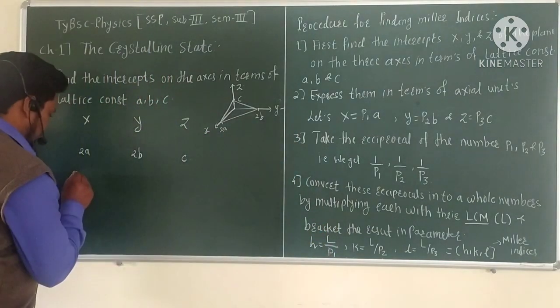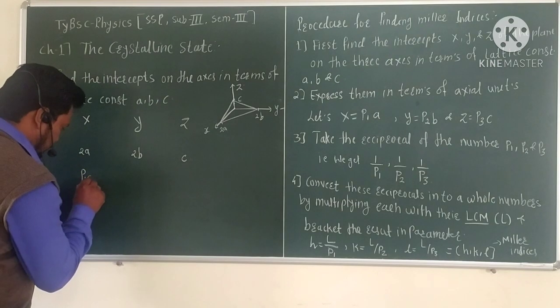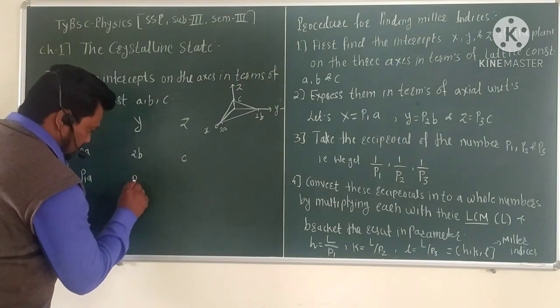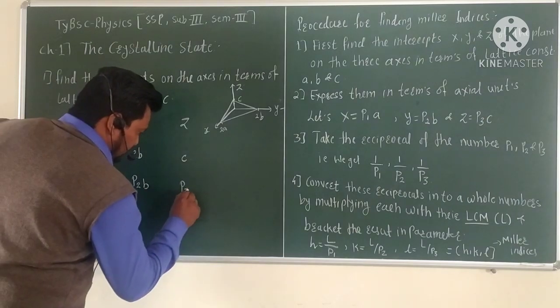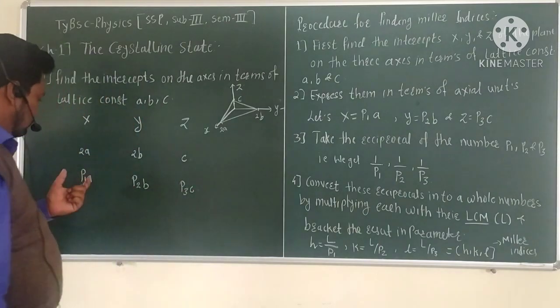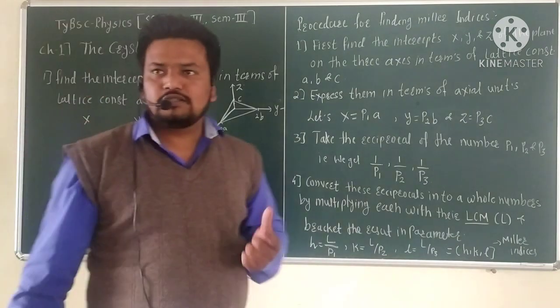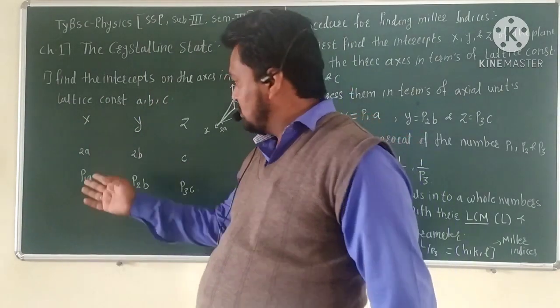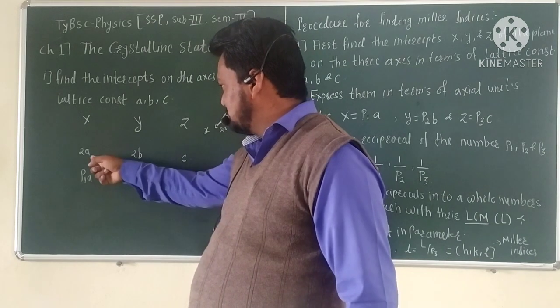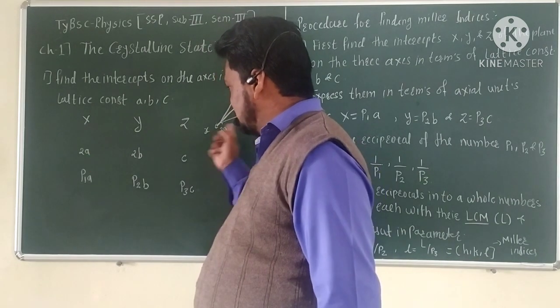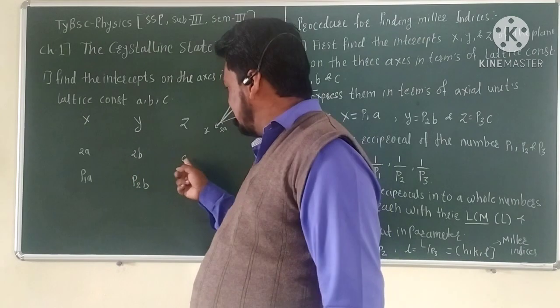So x is p1a, y is p2b and z is p3c, and the intercepts obtained for this figure are 2a, 2b and c.